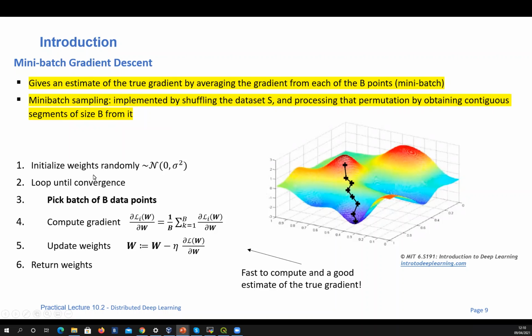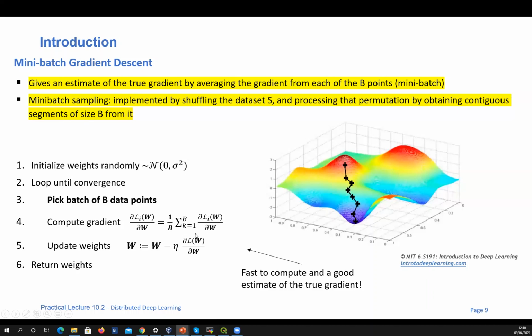So you go on with this iteration through your data. You pick a batch of data. So a batch is simply a group, a subset of your training points, of your data points that you use for training. You have to compute the gradient of the loss with respect to these parameters that are our weights.